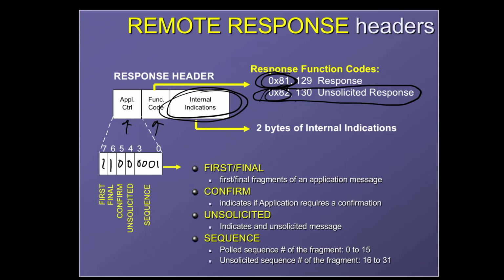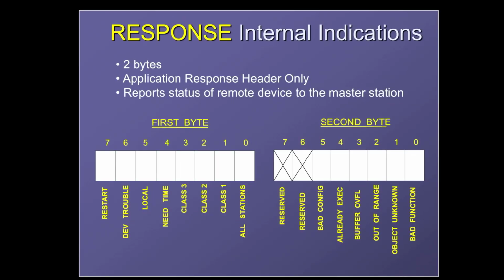Then you have your 2 bytes of internal indicators. So here you see the 2 bytes of the internal indicators, and you see the same thing when you look at your breakout sheet. Now, I'll tell you once again, you're not required to define any of these bits or flags in these internal indicators.